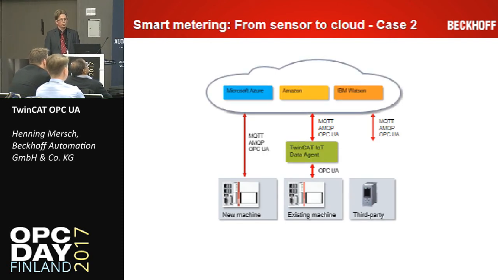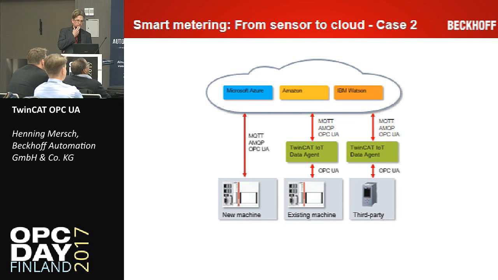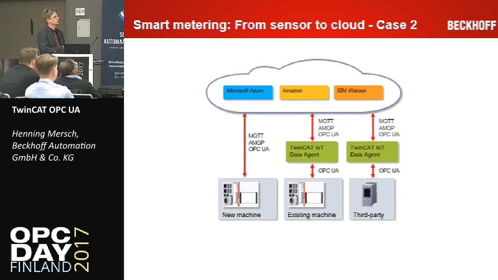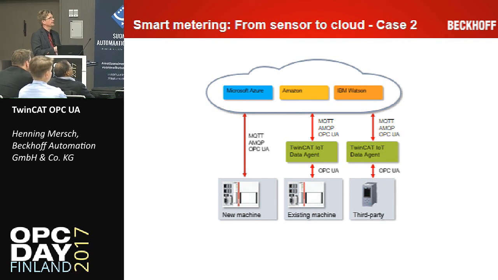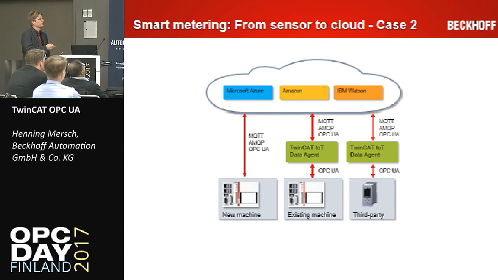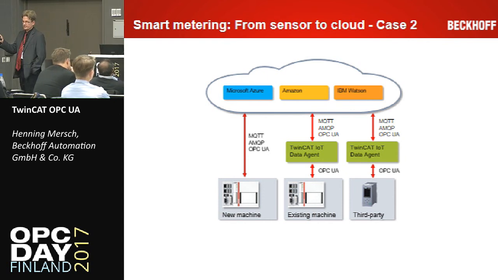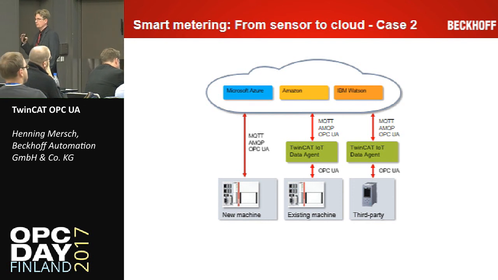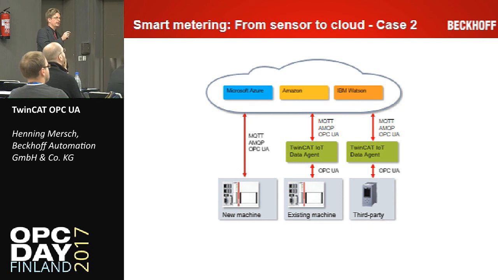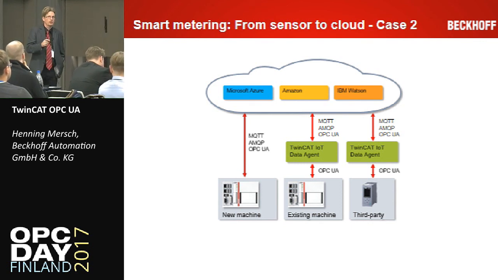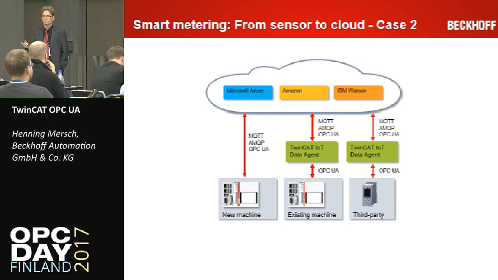So this is a small overview of our different products. We have different controller types, of course. They are talking all these three kinds of protocols to the cloud, and you could choose whatever you would like to. The other protocols, MQTT and AMQP, without any extension of OPC UA, are more or less useless, I believe, because they would pump byte strings to the cloud, and nobody knows in 10 years what's in there.